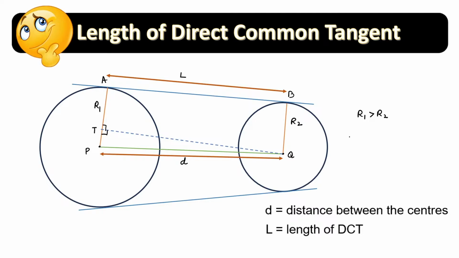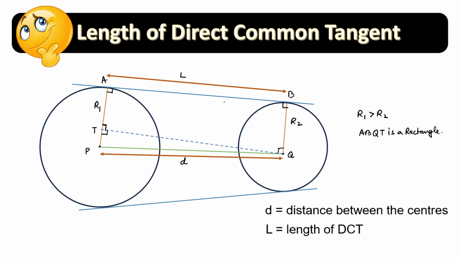Now we can easily see that ABQT is a rectangle. Why? Because this angle is 90, this angle is 90, this is 90, so naturally this angle will also be 90. So this is a rectangle.